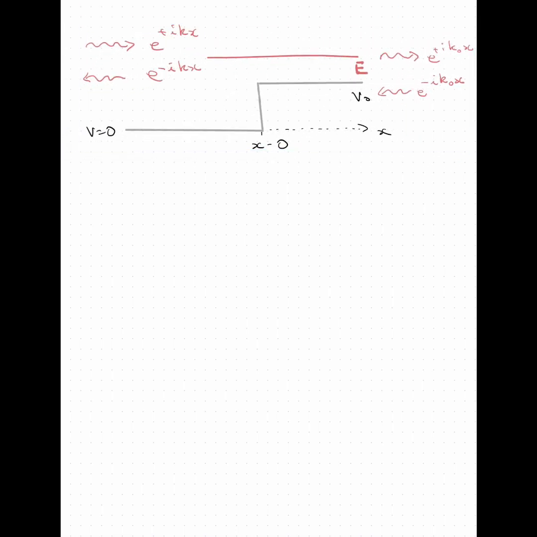Great. So what we have is this traveling wave to the right, going from the left. It's A e to the ikx. Going to the left from the right is B e to the minus ikx. And just to emphasize that E is greater than V naught here.